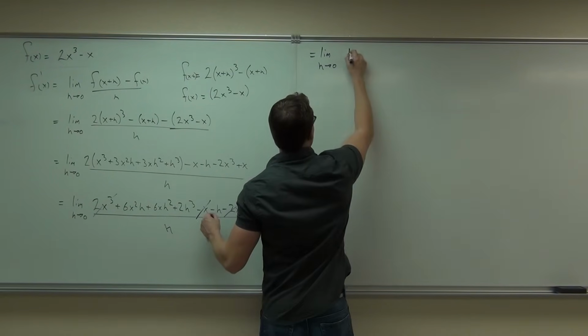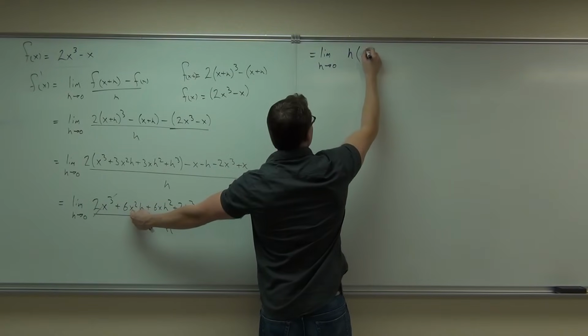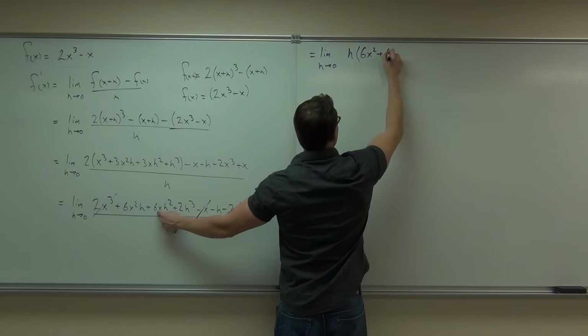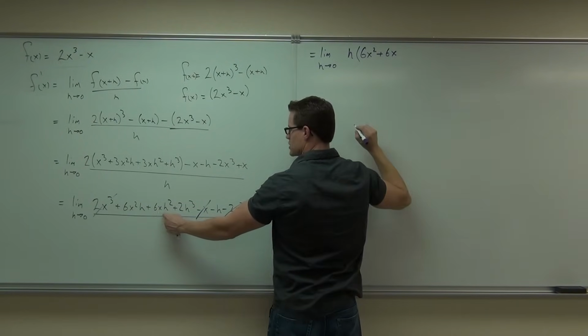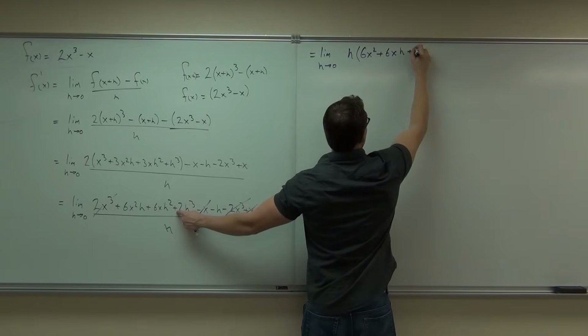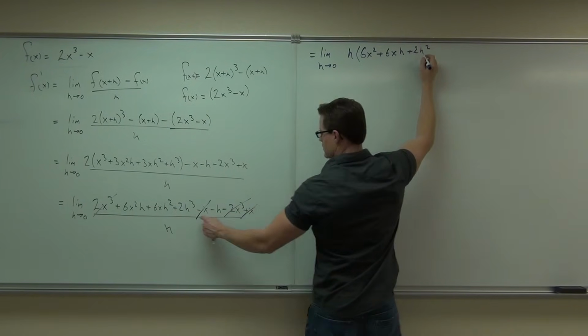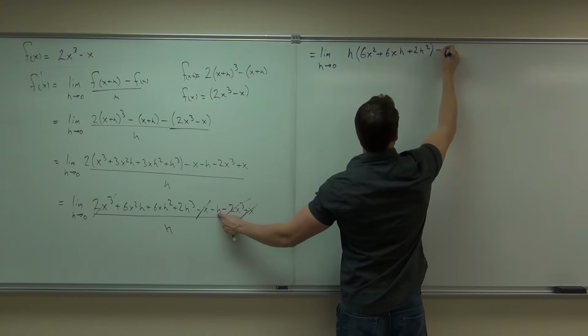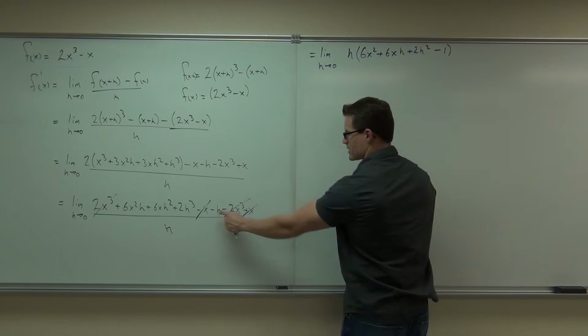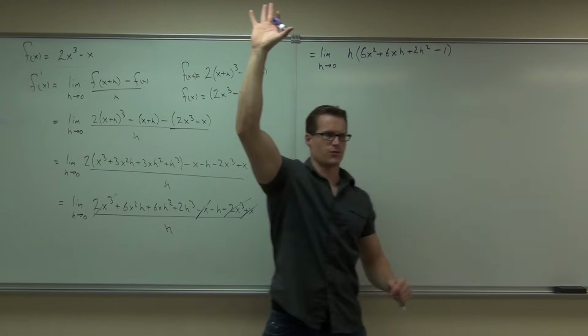So I'm going to factor out the h and get 6x squared plus 6x. Do I still have an h here? Yes. Okay, good. You need to see that. Plus 2h squared, minus 1. Raise your hand if you feel all right with that so far, with factorization.